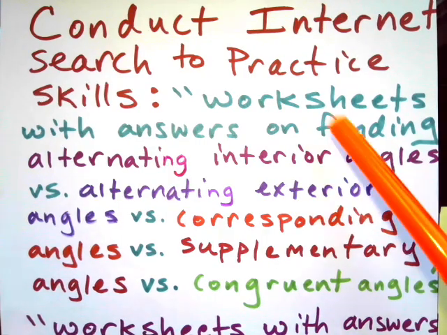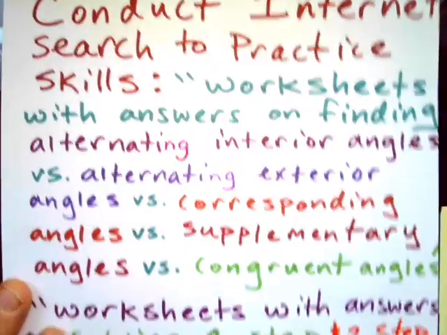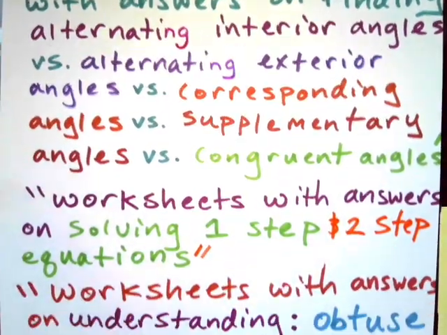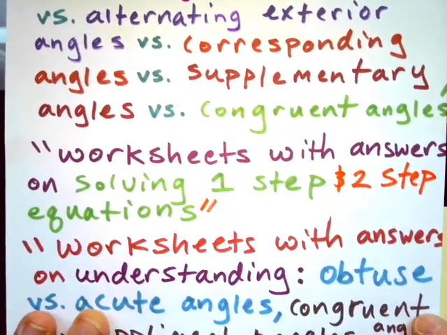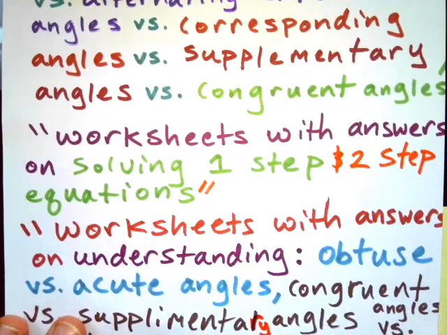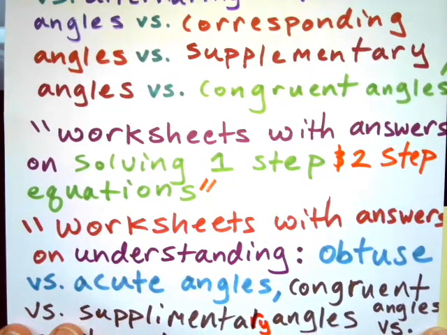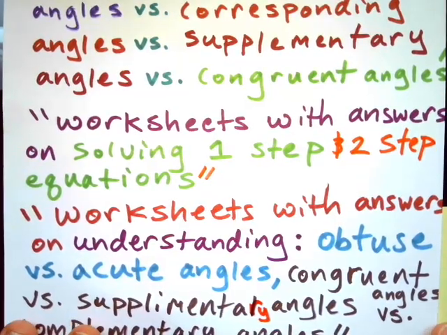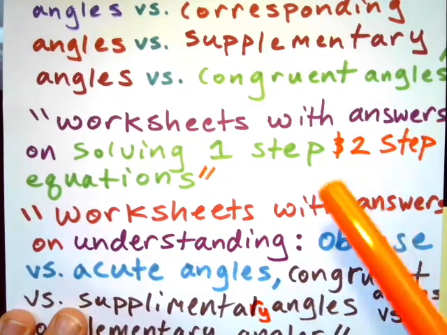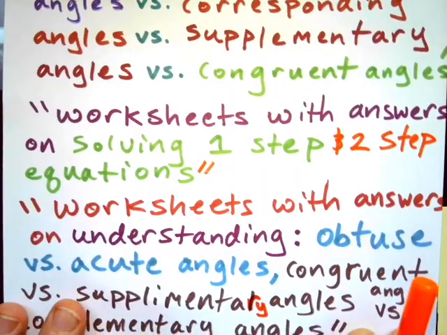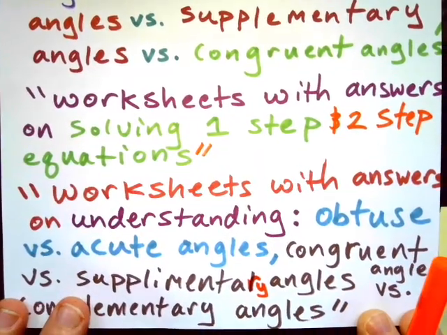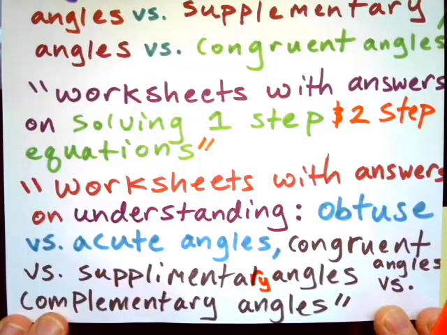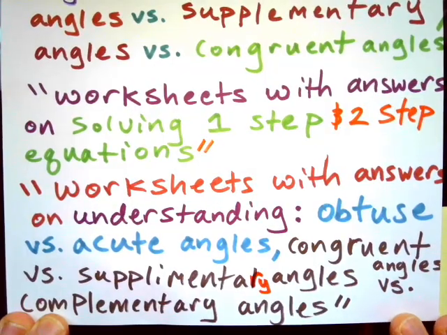You can find a bunch of worksheets with answers, and that will increase your knowledge, skills, and abilities with those particular terms. I'm losing sunlight today, so maybe tomorrow or the next day, I'll be creating videos on the definitions for all of those angles I just mentioned. So stick with me. It just takes a little bit of time.